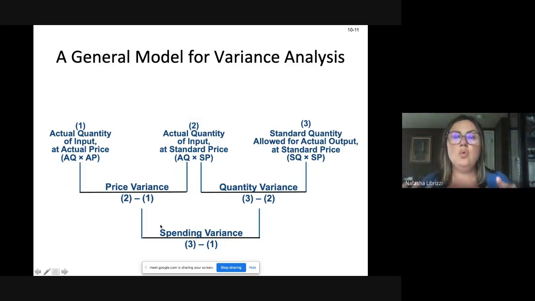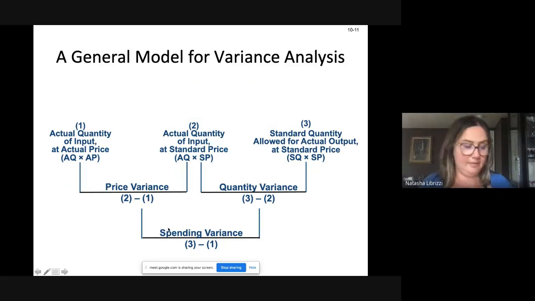When we do material variance, this is only true for spending variance when your actual purchase is what you actually used, all of it. If not, you can just do price and quantity variance. It's going to all make sense, hopefully, as we go through an example. But this is an awesome model to use, and we're going to keep plugging numbers into this.